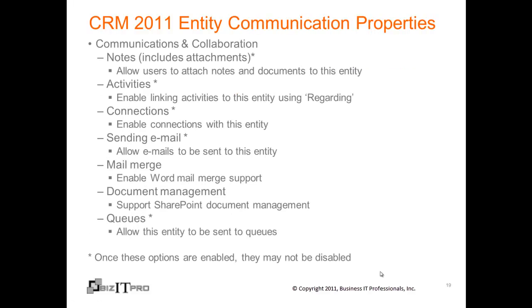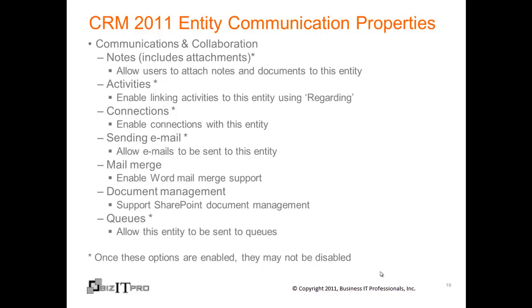CRM 2011 Entity Communications Properties. Under the Communications and Collaboration section, you have Notes, which includes attachments, and this allows users to attach notes and documents to a record of this entity. The Activities box enables us to link activities to this entity using the regarding lookup field. Connections.